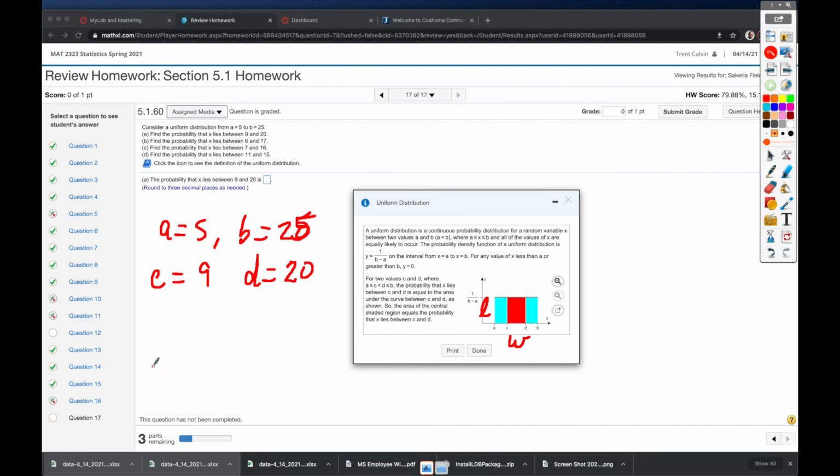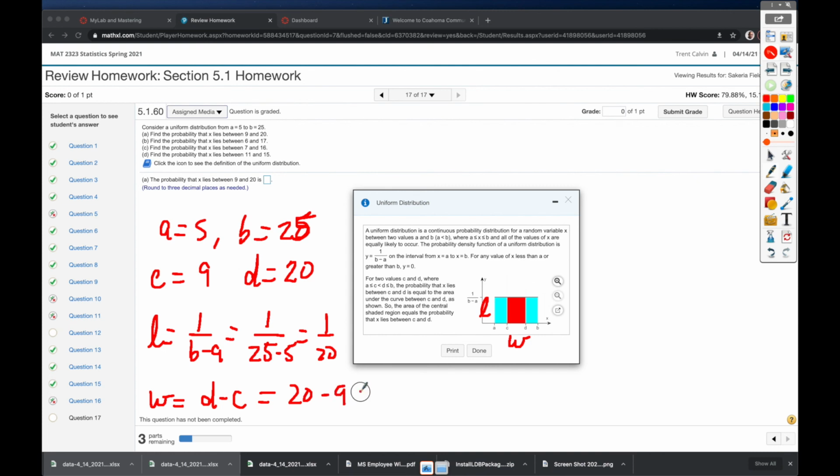My length is going to be 1 over B minus A, which is 1 over 25 minus 5, 1 over 20. My width is going to be the distance between C and D, so it's D minus C, which is 20 minus 9, which is 11.